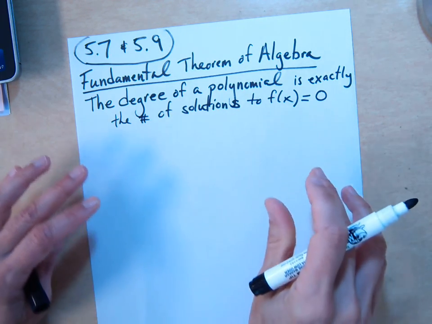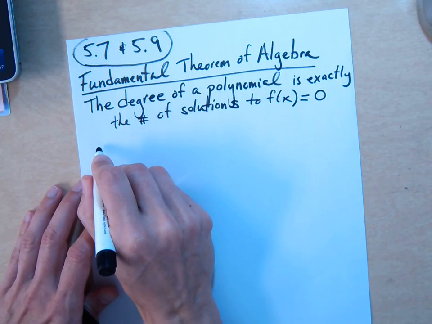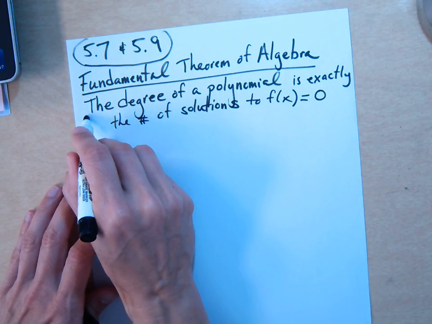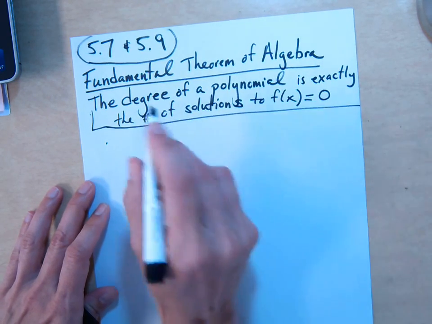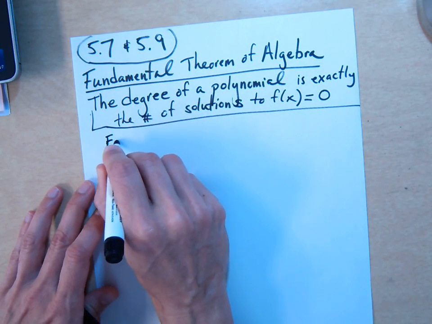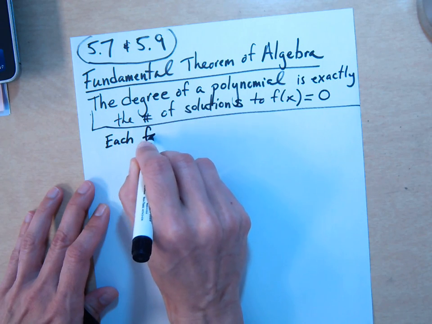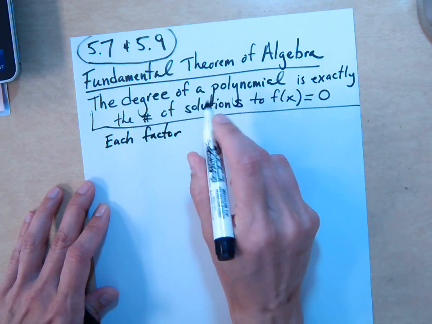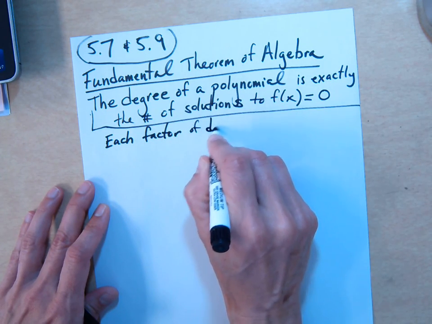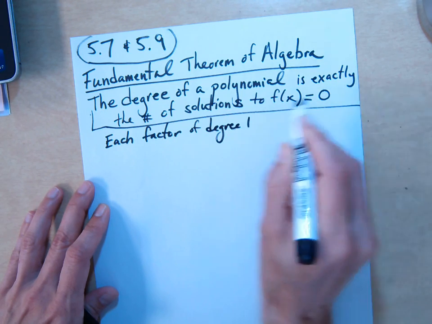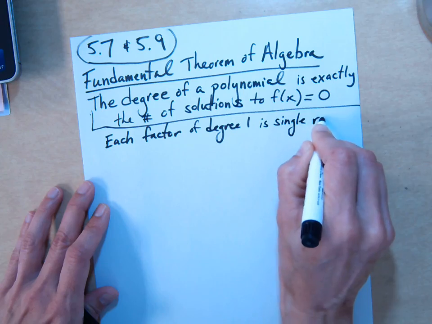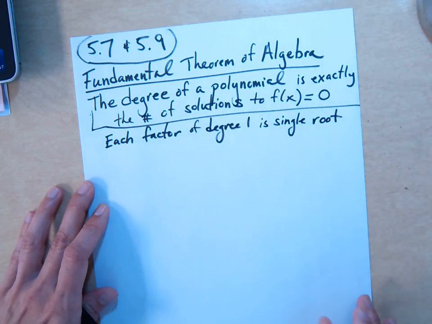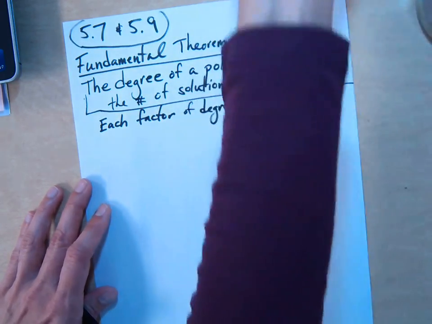So there's the fundamental theorem of algebra, and then I need to say something else. When you factor it, each factor of degree 1 is a single root. That's the most basic, and I won't write this sentence over and over.